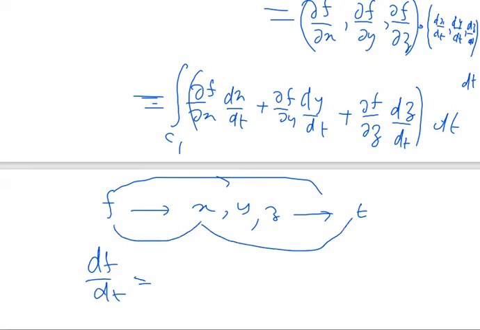Why am I saying partial? Because here we have three variables, that's why it is partial, times dx/dt, because here we don't have any other variables, only t. So this is dx/dt.